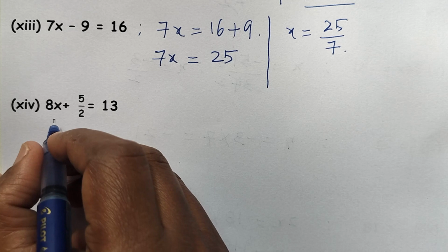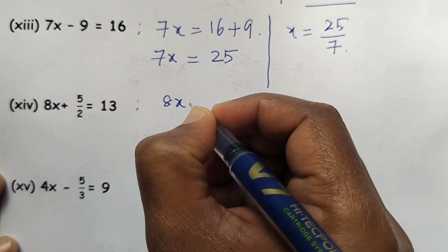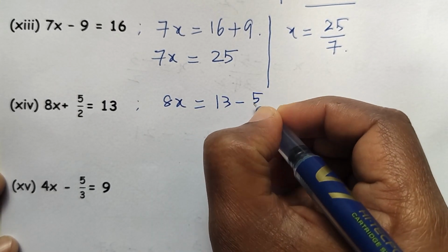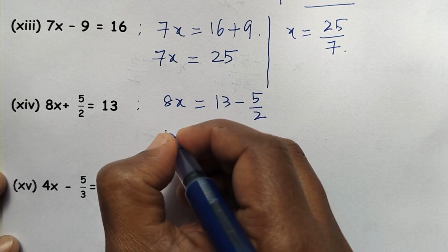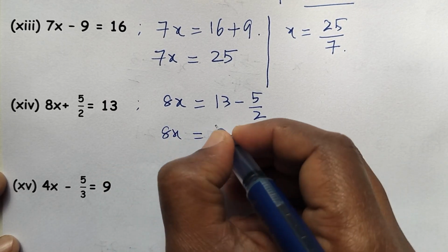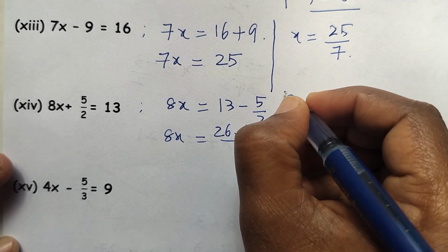Next 14th, 8x plus 5 by 2 equal to 13. Then 8x equal to 13 minus 5 by 2. 8x equal to, taking LCM 2, 26 minus 5.